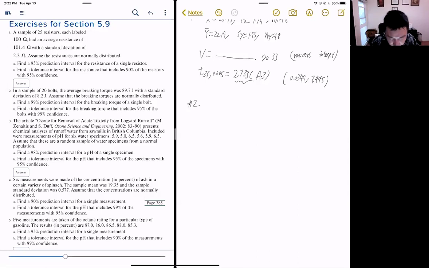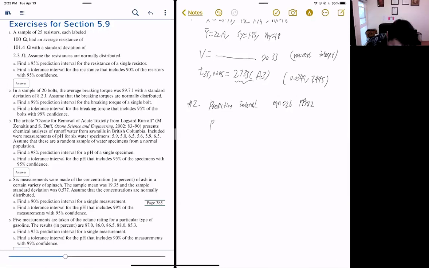So again, the equation. So for prediction interval, that is equation 5.26 on page 382.